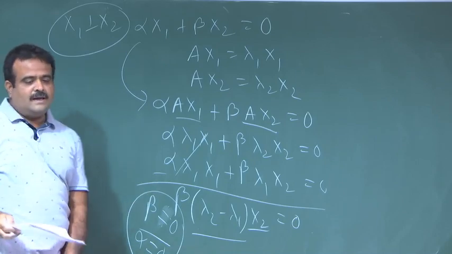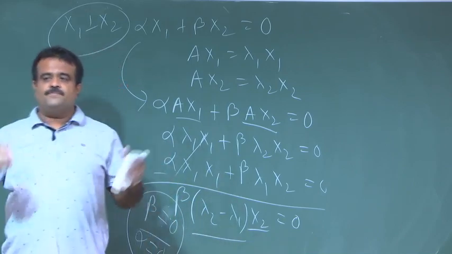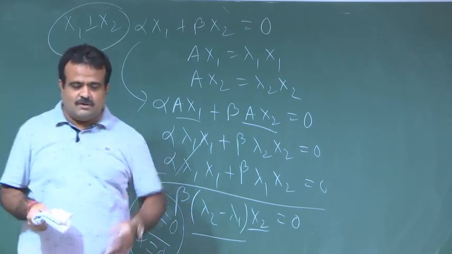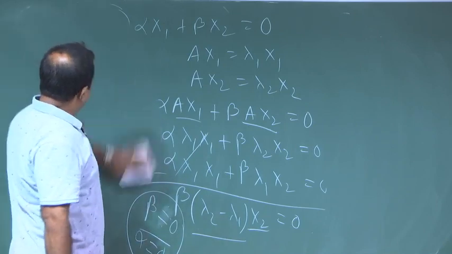So, any two vectors corresponding to distinct eigenvalues are independent. This result holds for more than 2 also.